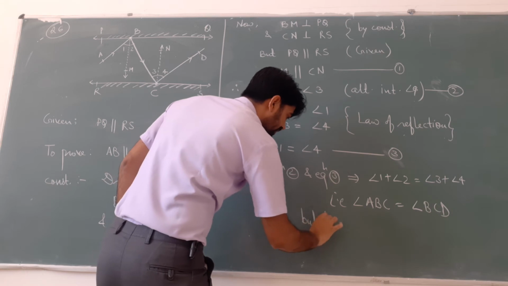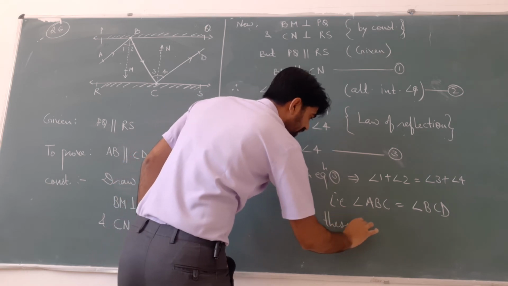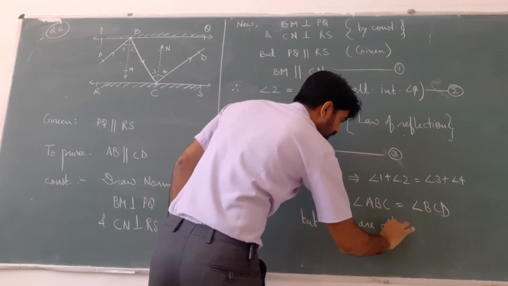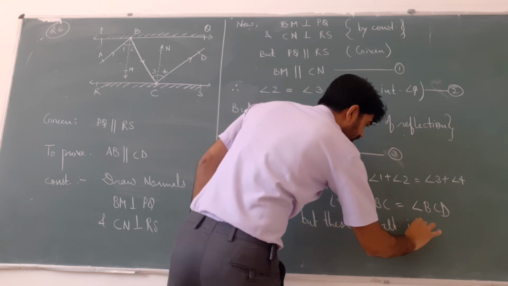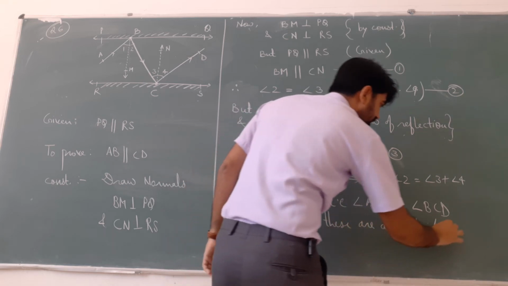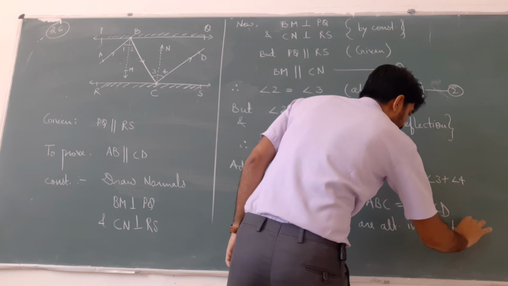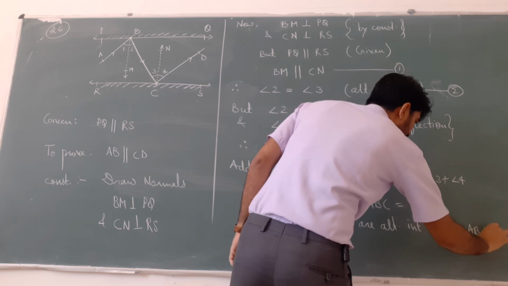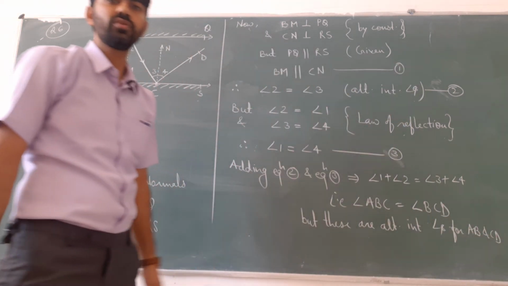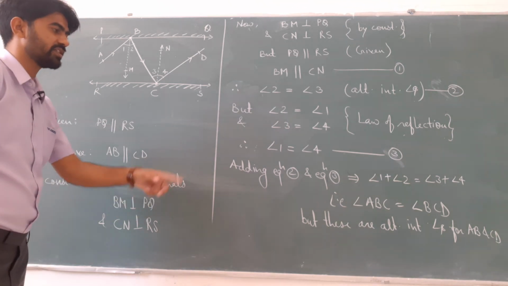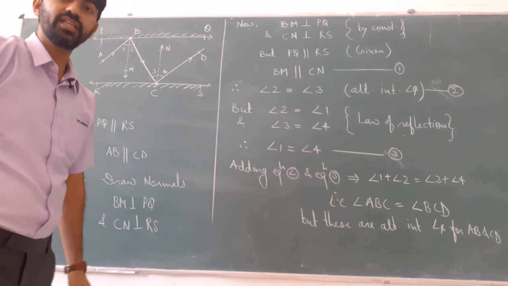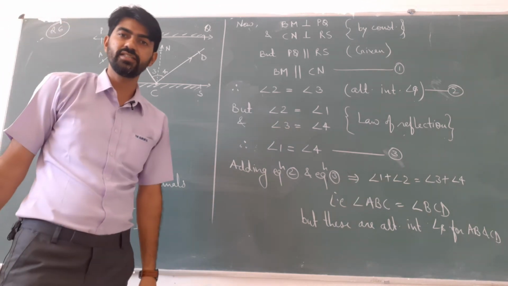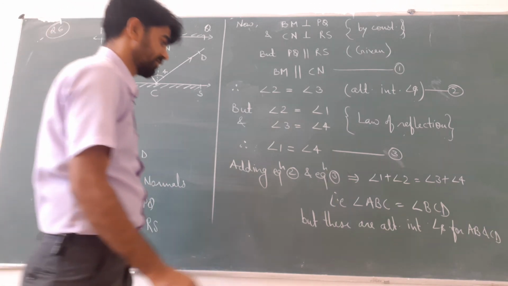But these are alternate interior angles for AB and CD. Okay, these two are alternate interior angles for AB and CD, and if alternate interior angles are equal, then the lines are parallel.